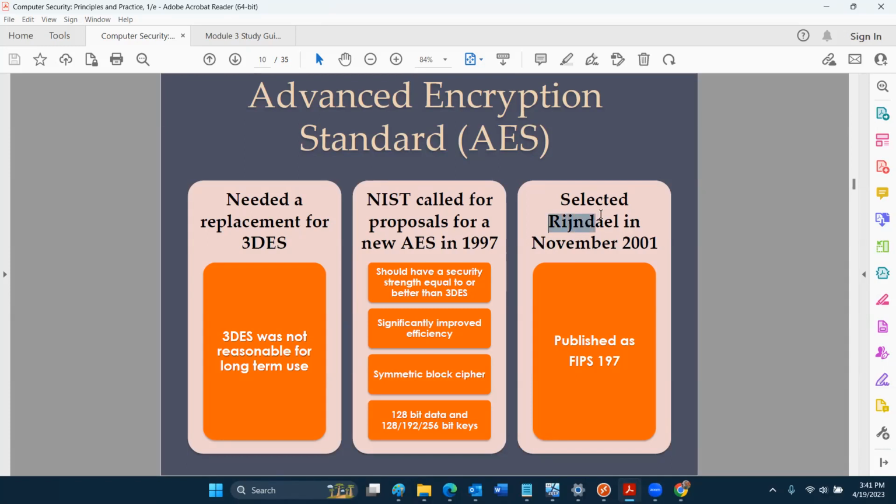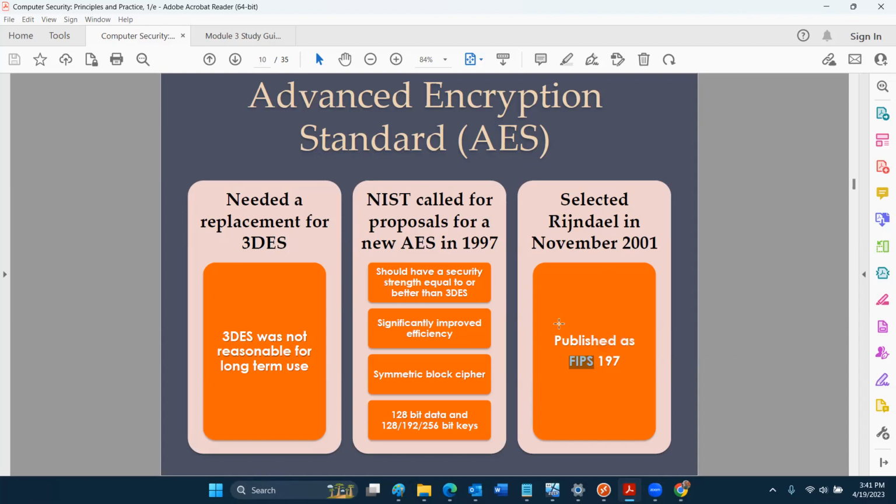Everyone repeat after me, Rijndael. Rijndael, right? That's how you pronounce that spelling, okay? So Rijndael had an algorithm that was published, and there's a Federal Information Processing Standards publication number 197.